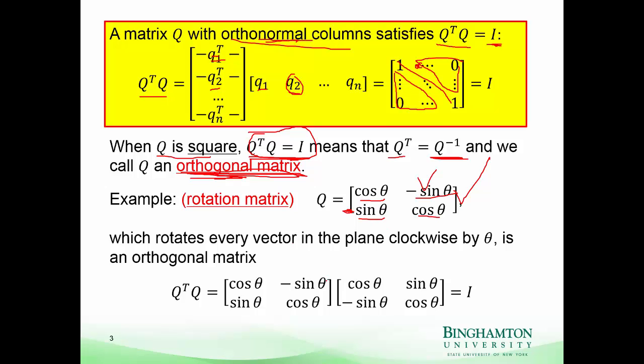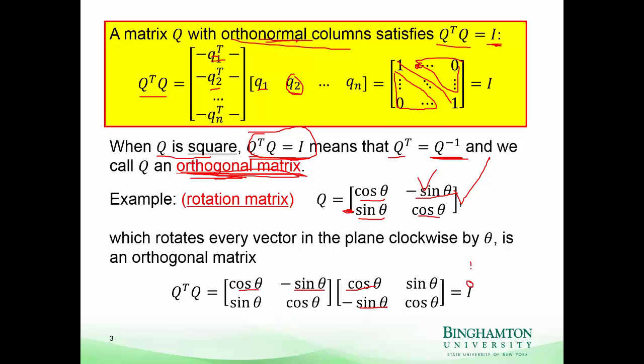But however it turns out, you can check this. It looks like this actually works the way that we have it down here. So for the first element, we would have cosine times cosine plus negative sine times negative sine.